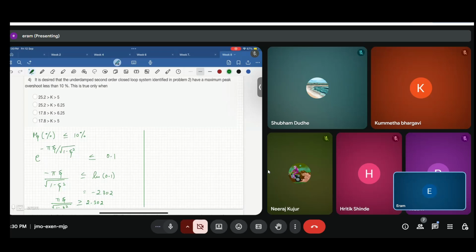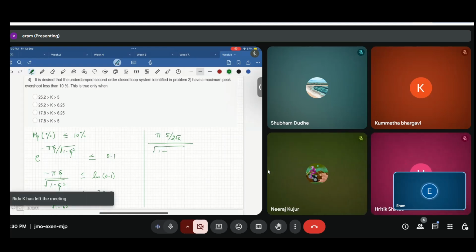Has any one of you solved it? Or you can directly put the value of zeta, which is 5 by 2 under root k, divided by under root 1 minus 25 by 4k, which should be greater than or equal to 2.302.